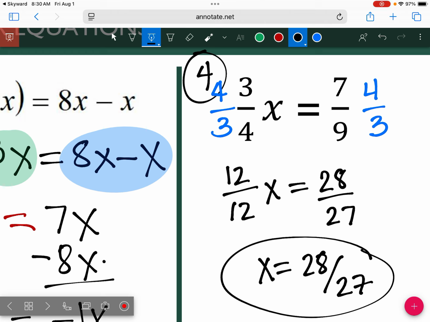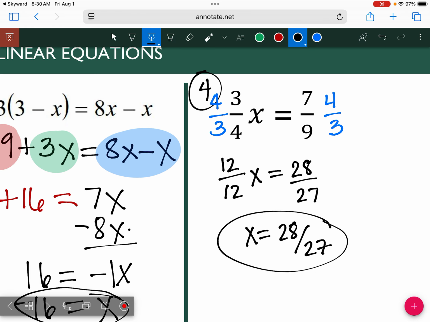I do not like decimals. Keep it a fraction. If you get an answer that is a fraction, leave it a fraction. So again, multiply by the reciprocal, if you see a fraction, in order to clear it out.